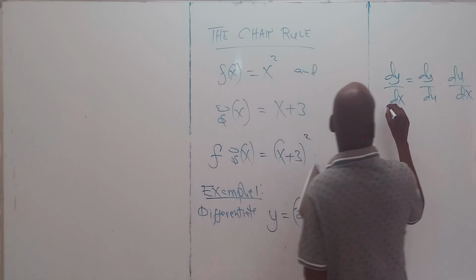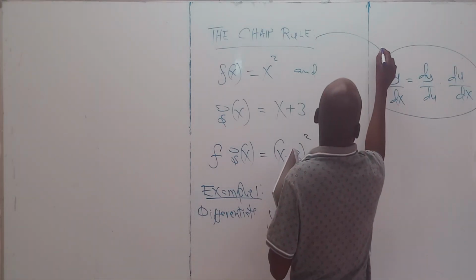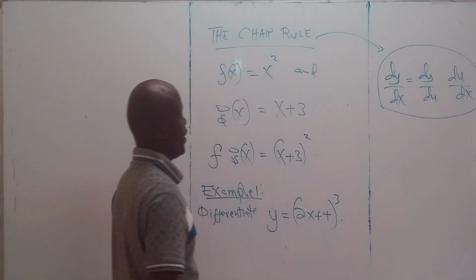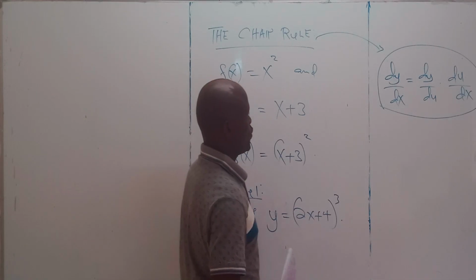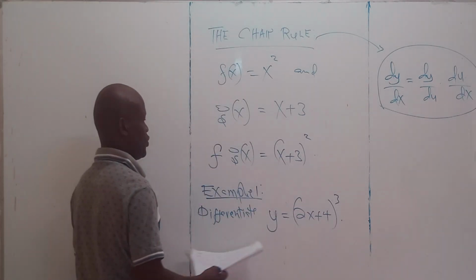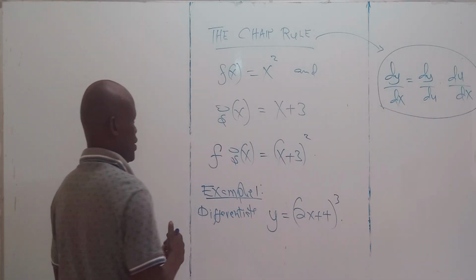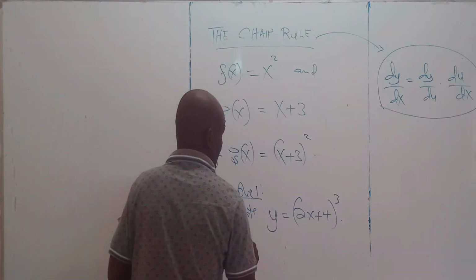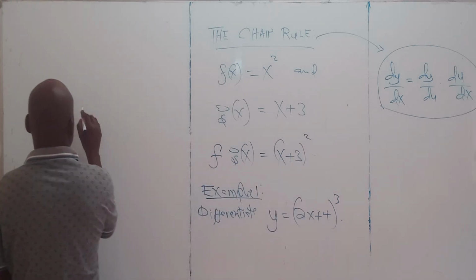It's what we are going to make use of here so that we are able to differentiate this particular function. So first, in our solution, let me just write it this end so that I continue there.